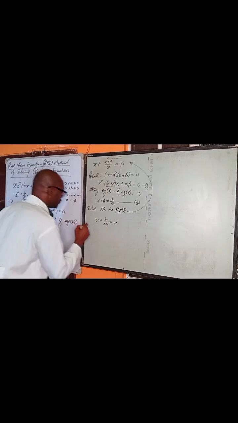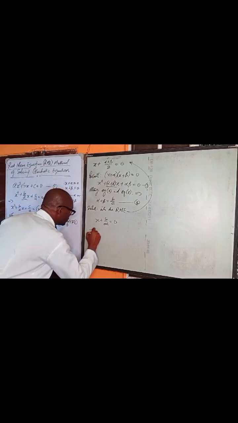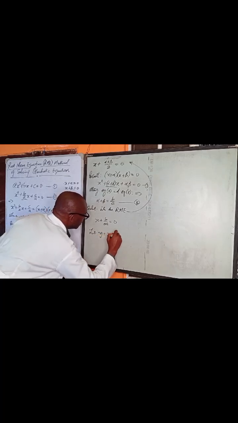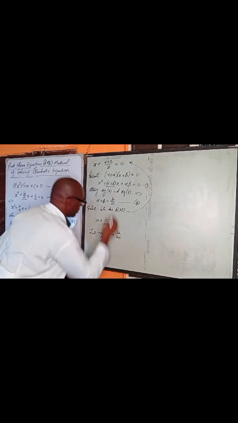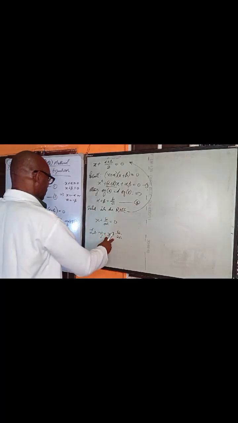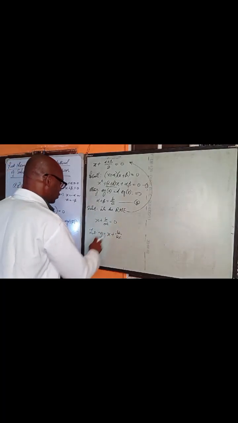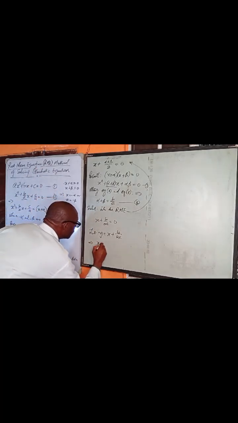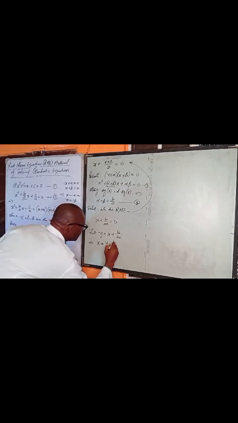Now, the next thing I need to do, I'll say let y be equal to x plus b over 2a. Of course, if I make this the subject of the formula, it implies that x is equal to y minus b over 2a.